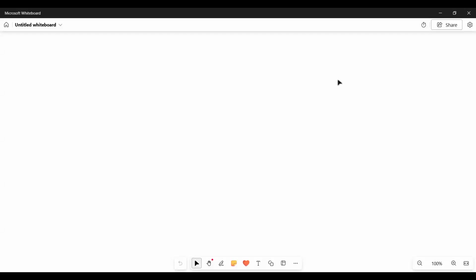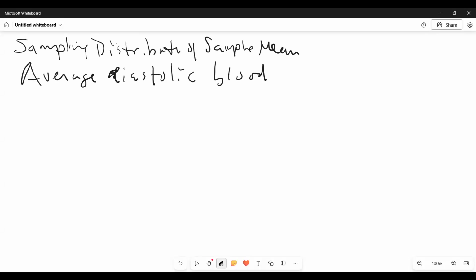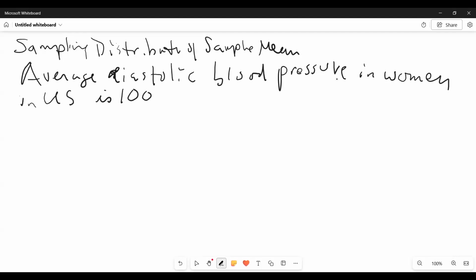So here is a typical problem that you would get for sampling distribution of the sample mean. Okay, so average diastolic blood pressure in women in the US is 100 millimeters of mercury.